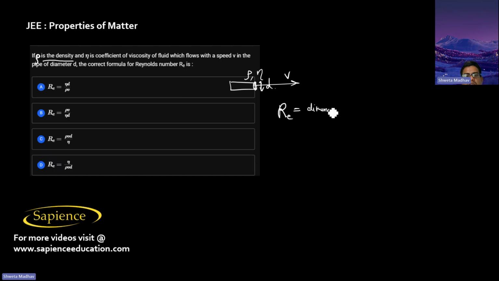So we can say that Re is equal to eta power a, rho power b, into v power c, into d power e, suppose.